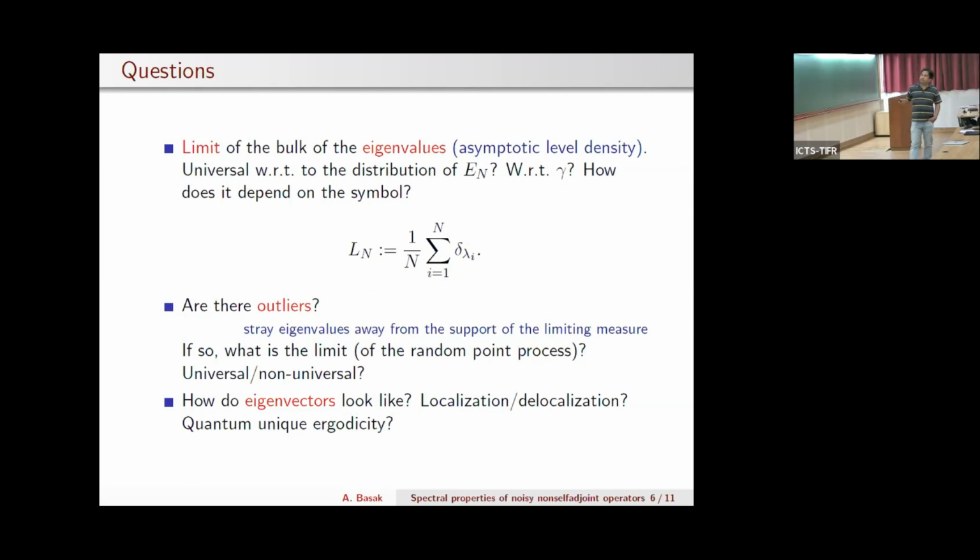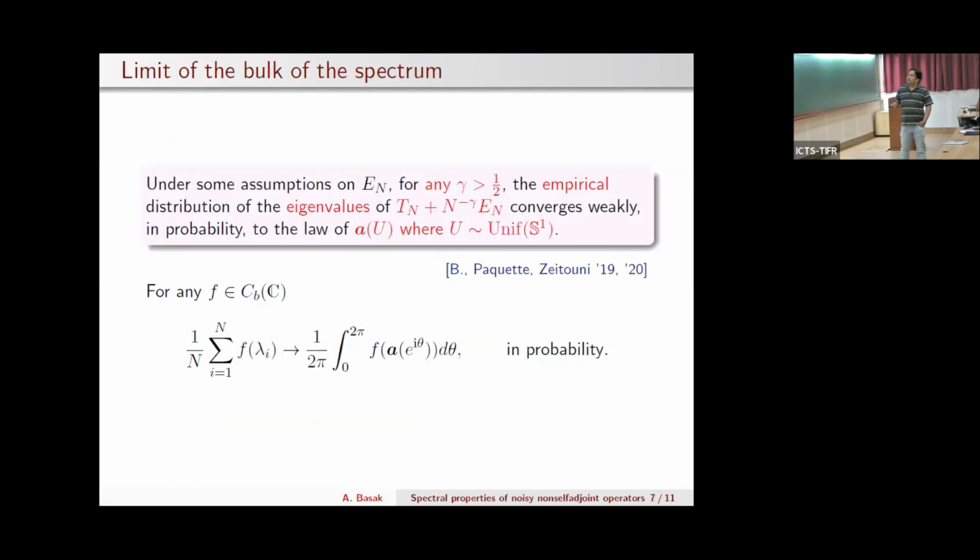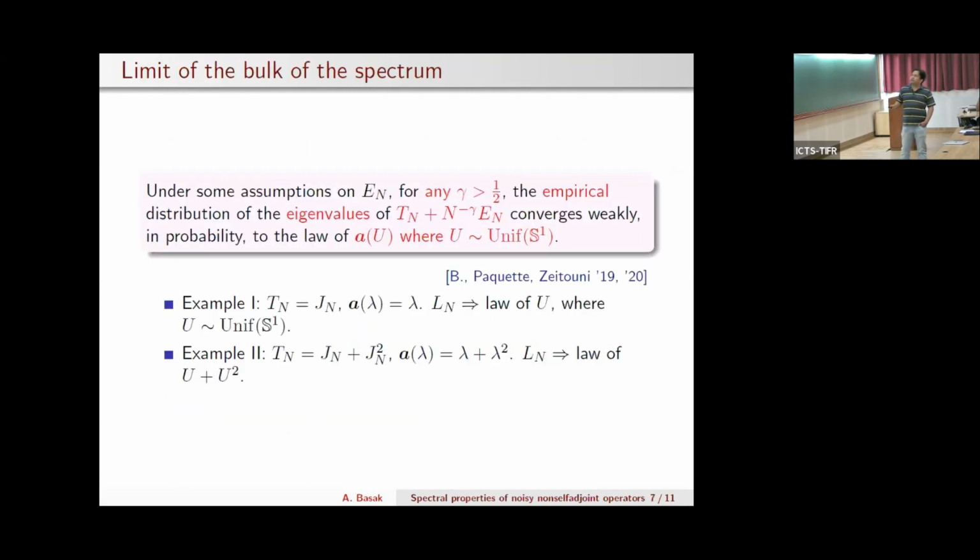In both cases, we have found that it is universal: it does not depend on gamma, the coupling constant, nor on the distribution, but it depends on the symbol.